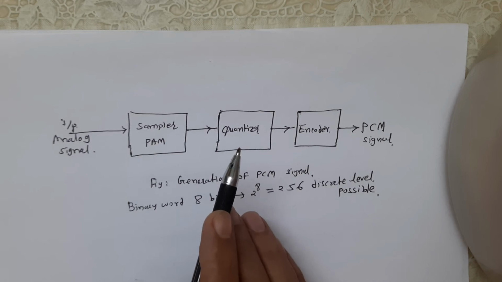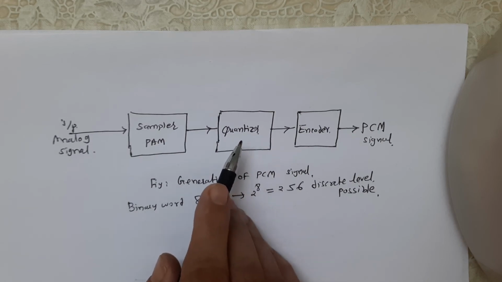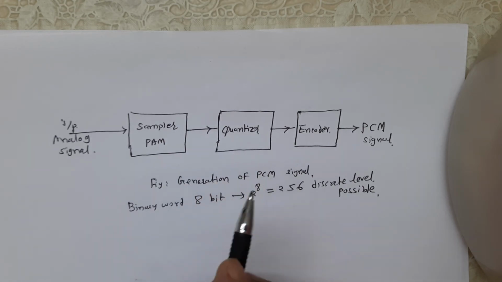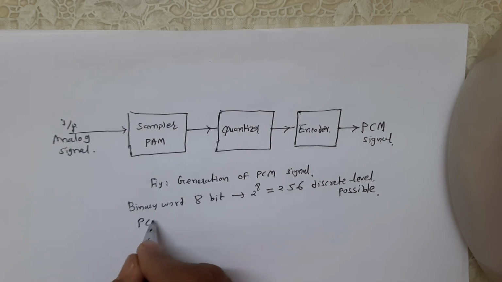Hence the name pulse code modulation, where the pulse modulation involves coding the sampled analog values.